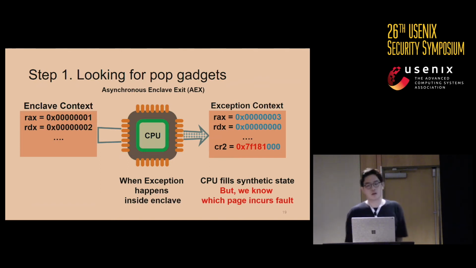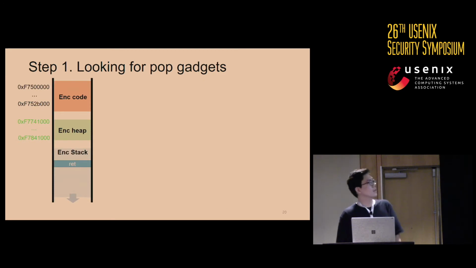For example, the RAX register will be changed to 0x3 to indicate the AEX happened, the RDX register will be cleared, and the lowest 12 bits of the CR2 register will be cleared. However, we can get some partial information from that, and we can know which page incurs the fault.